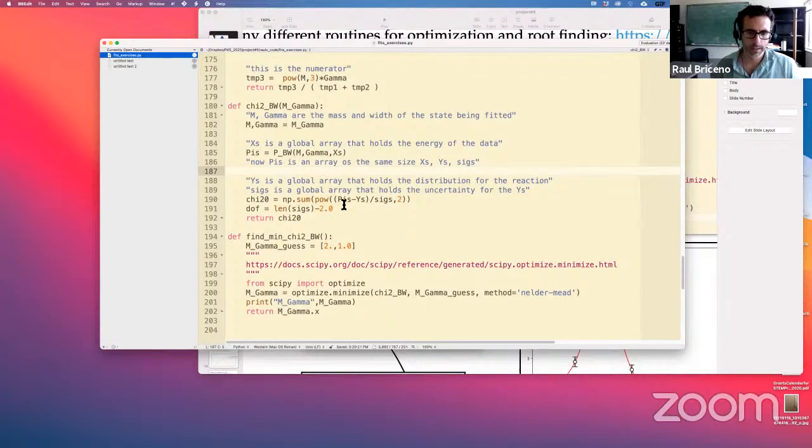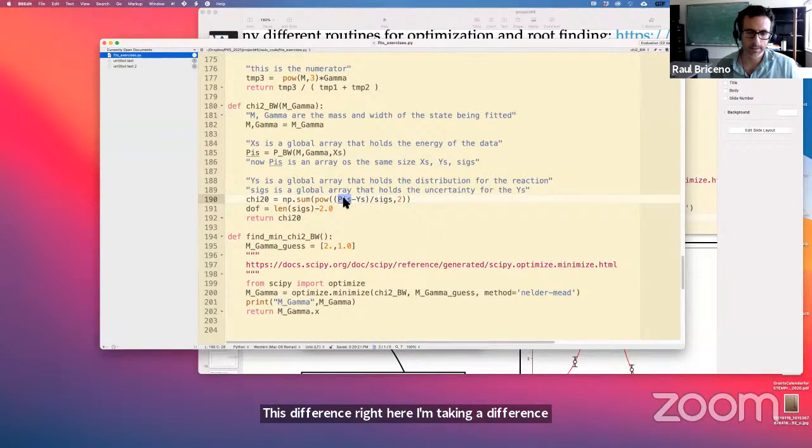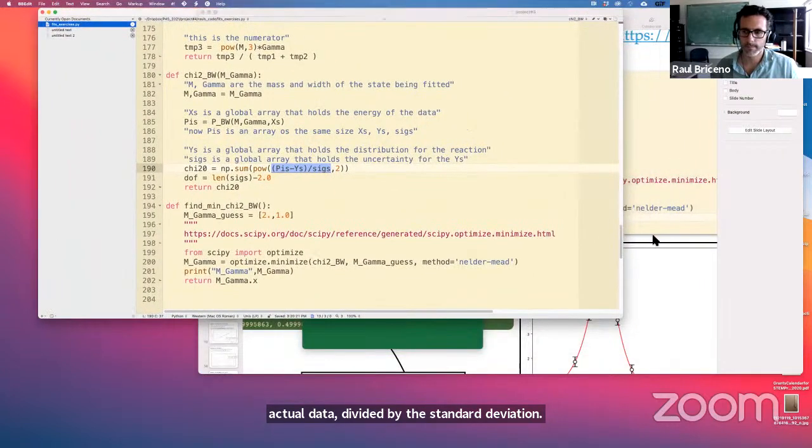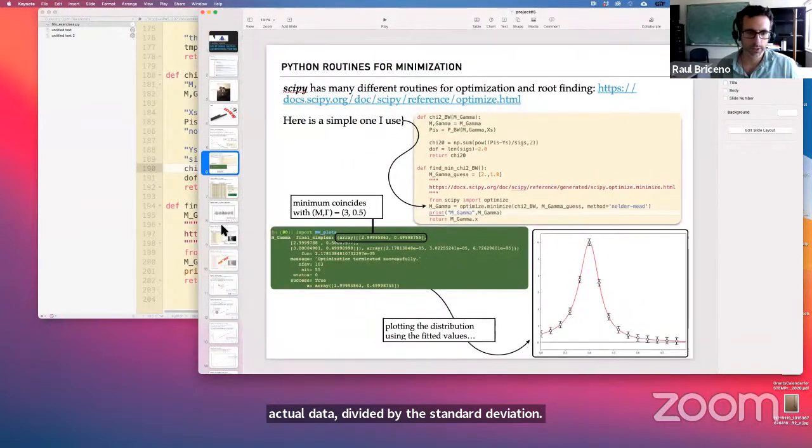And so then this thing right here, this difference right here, I'm taking the difference between the expected value of the data and the actual data, divided by the standard deviation. So let's look at the expression.